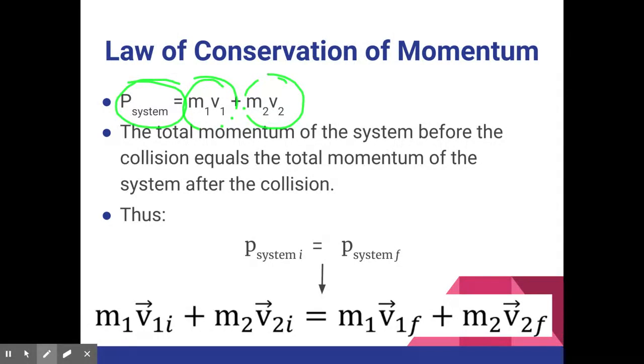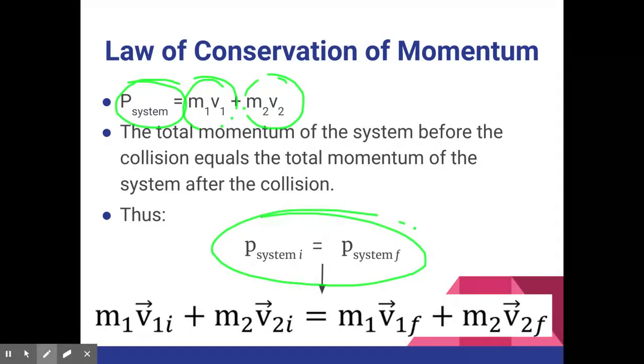But really, it's just to say that in a system we've got the momentum of one object and the momentum of the other. So here's the law of conservation of momentum again. The total momentum of the system before the collision always equals the total momentum of the system after the collision. So let's say that again. What we've already seen in the previous slide is that the initial momentum of the system should equal the final momentum after the collision.